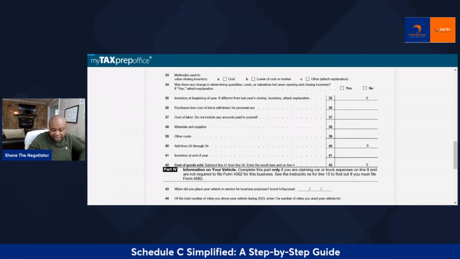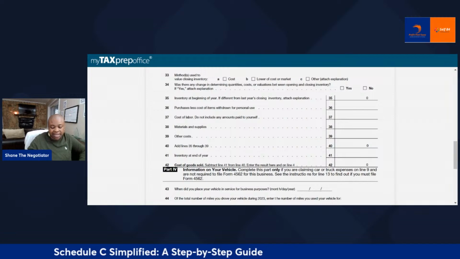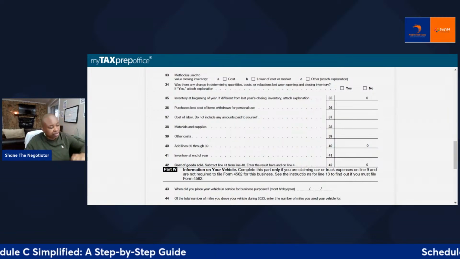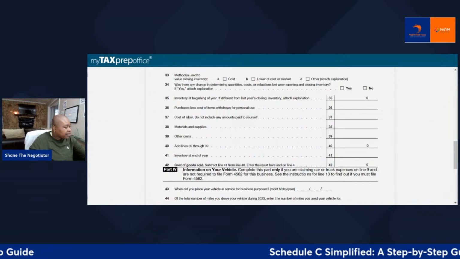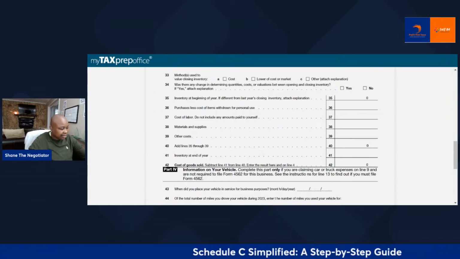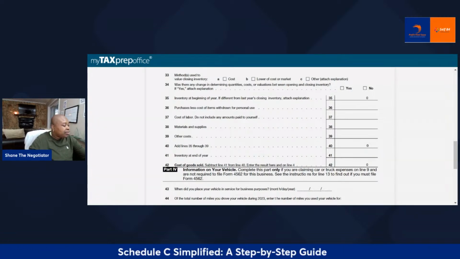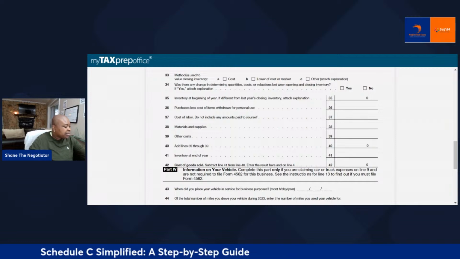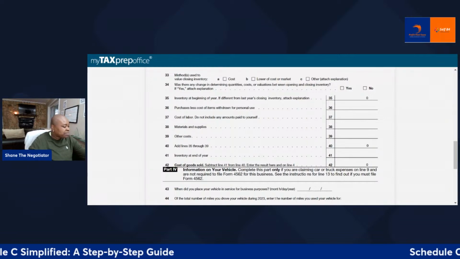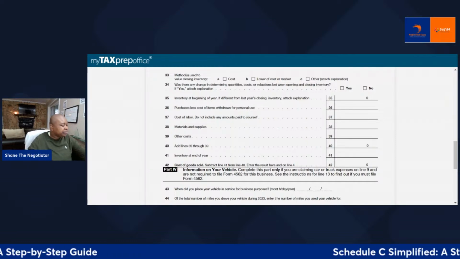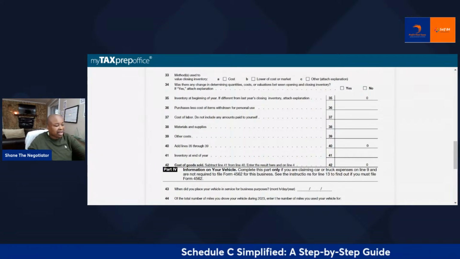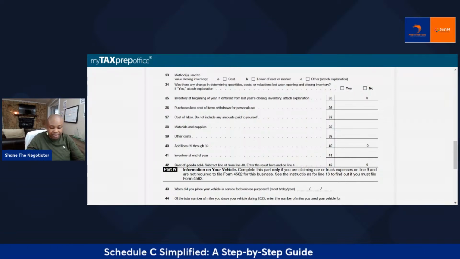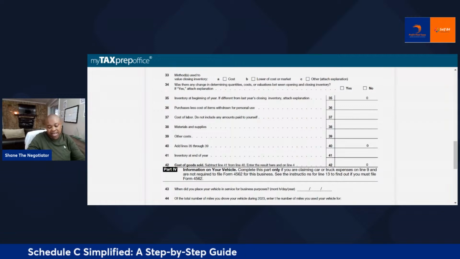So let's say you had all of these expenses. Let's increase this number to 10,000, because we're going to do some subtractions on here. We started at 10,000, and you had all of these other numbers in between, the supplies, materials, and other things that you purchased. Then we add lines 35 through 39, and now we're going to add another 5,000 to that cost.